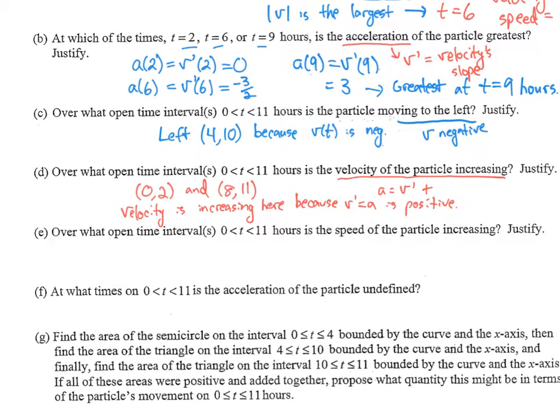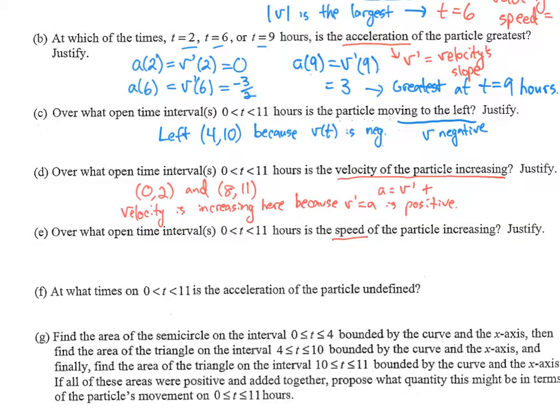Now E is again asking us a slightly different question, and it's different enough to make us have to really think about what's going on in that original velocity graph. So this is where the, not velocity, but the speed of the particle is increasing.